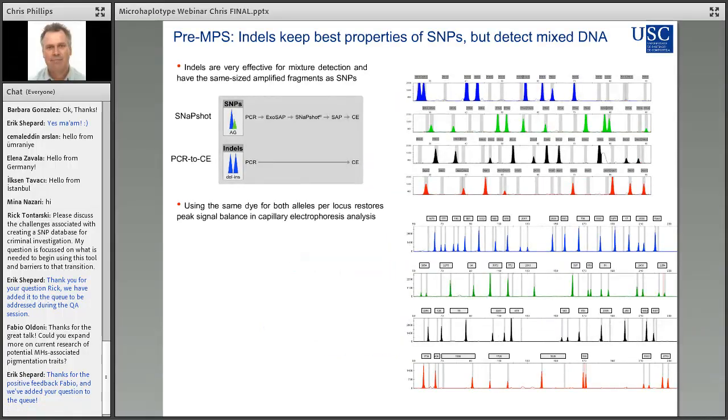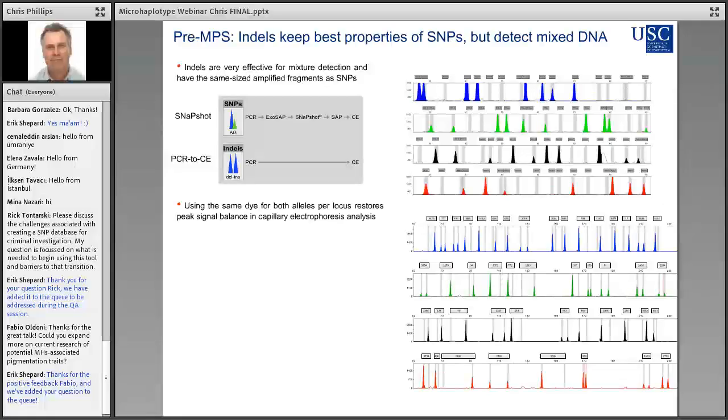Now, before MPS, we were really challenged with mixtures. Mixtures are a predominant feature of all forensic DNA analysis, of course, and STR analysis is developed very much with the view that more loci are better because they give you more opportunity to see multiple alleles in a profile.